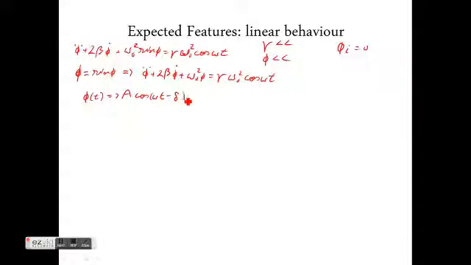If we plot this, we can plot this for, let's say, lambda very small, so less than 0.3, and we'll let the drive frequency be equal to 2 pi.